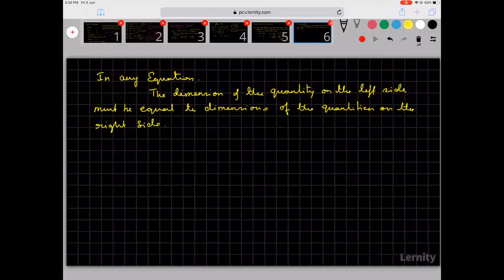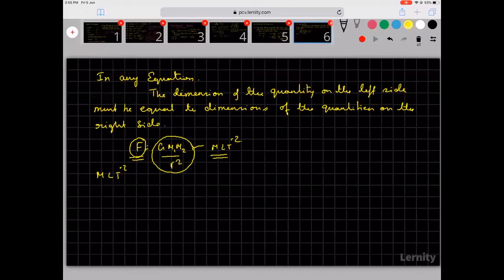If I say F is equal to G m1 m2 by r squared, the left has dimension M L T power minus 2, and this will also have dimension M L T power minus 2. So dimensions on the left side must be equal to the dimensions on the right side.